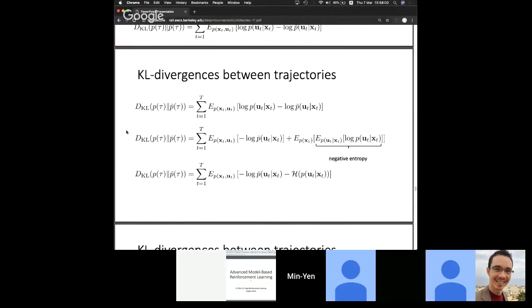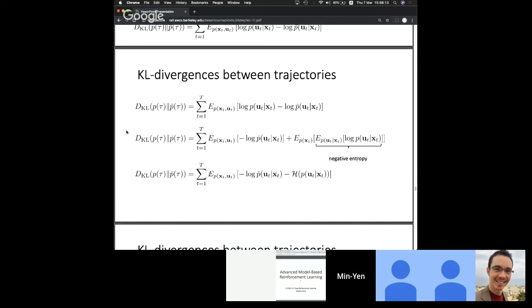I mean, the thing is that the log of p of u given x, and the expectation of the logarithm of a probability, is the definition of the entropy. The trick is about the collapsing of the two expectations. This is a rule of probability. I can find it on Wikipedia if you want.